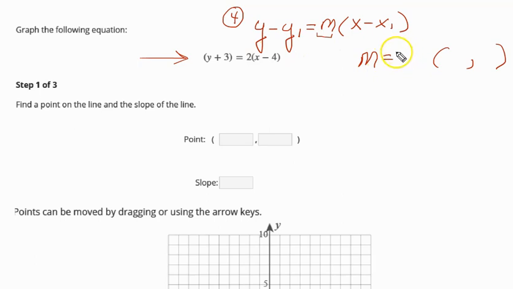And our slope is 2, and our ordered pair is a positive 4 and a negative 3. Aha. So what did we say? Well, we said when the equation is in point slope form, it's easy to pick out the slope. That would be our m value. But what about our ordered pair?